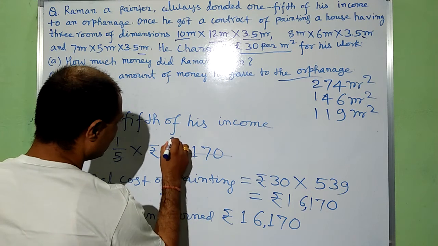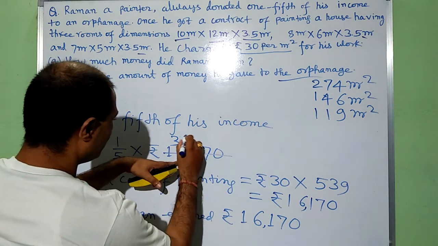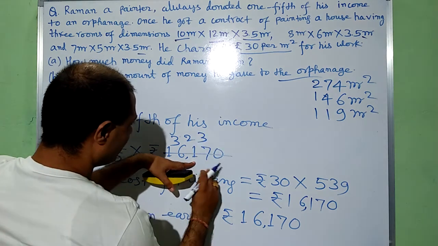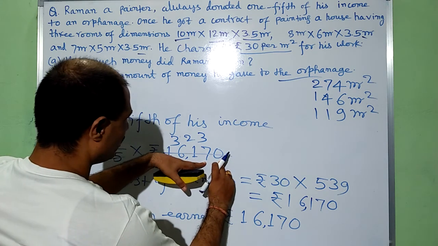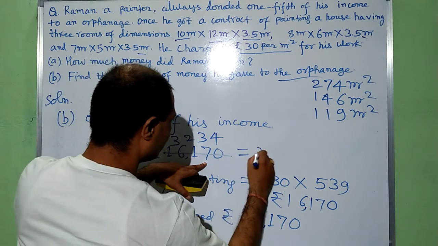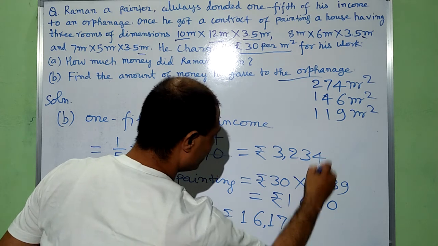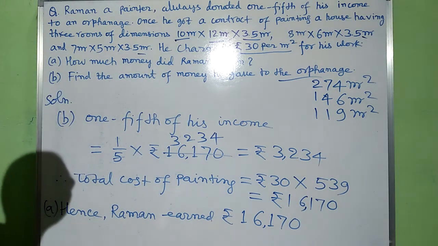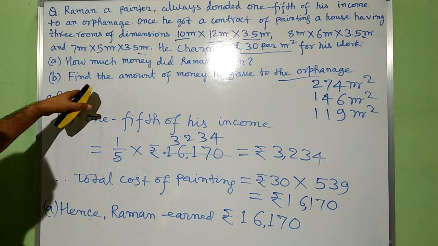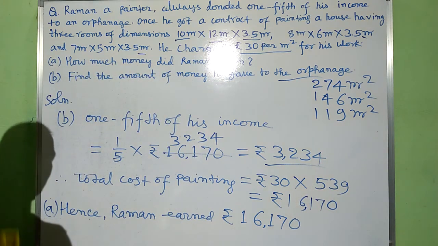Dividing, this is rupees 3,234, which is given to the orphanage. Find the amount of money he gave to the orphanage. This is amount given to the orphanage.